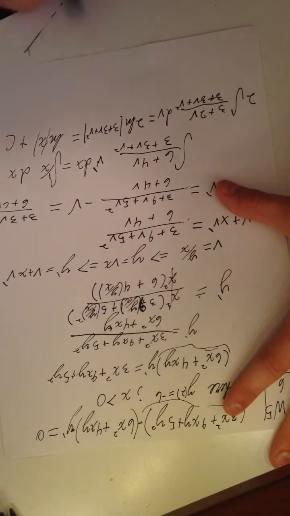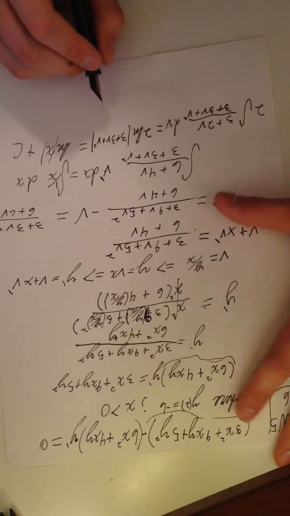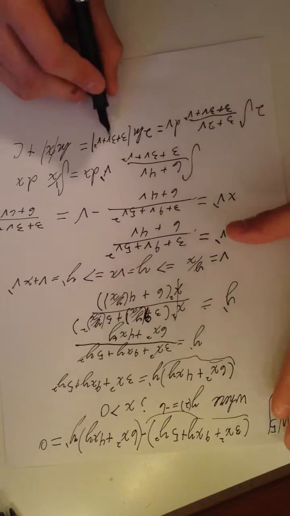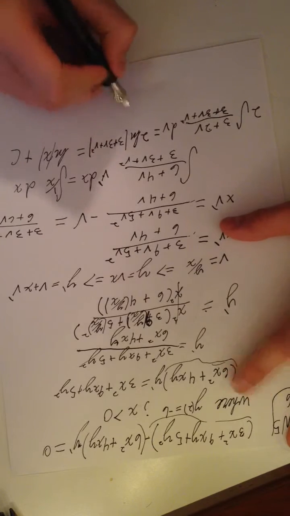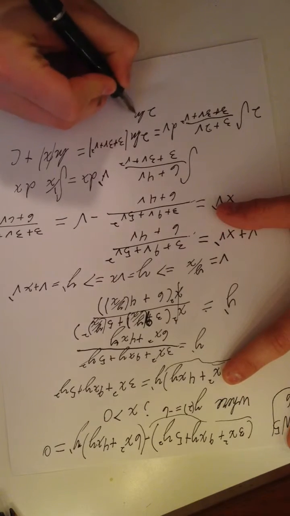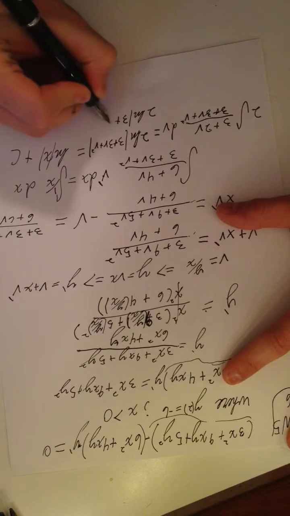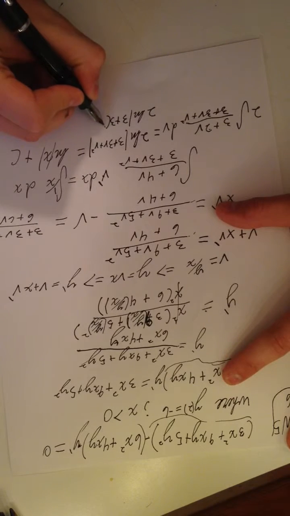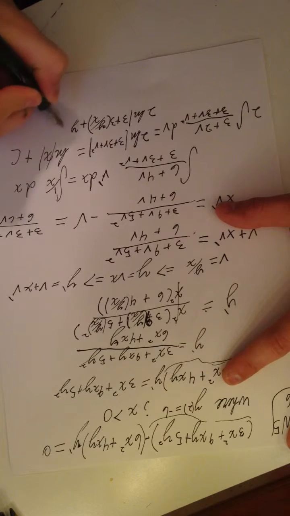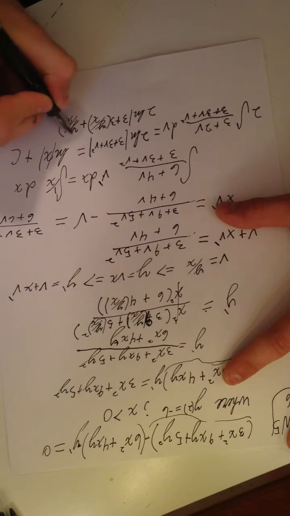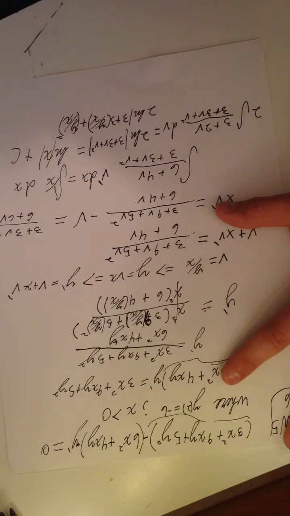Now that it is all integrated out, we can plug back in our v value, which will be 2 ln(3 + 3(y/x) + (y/x)²) equal to ln x + c.